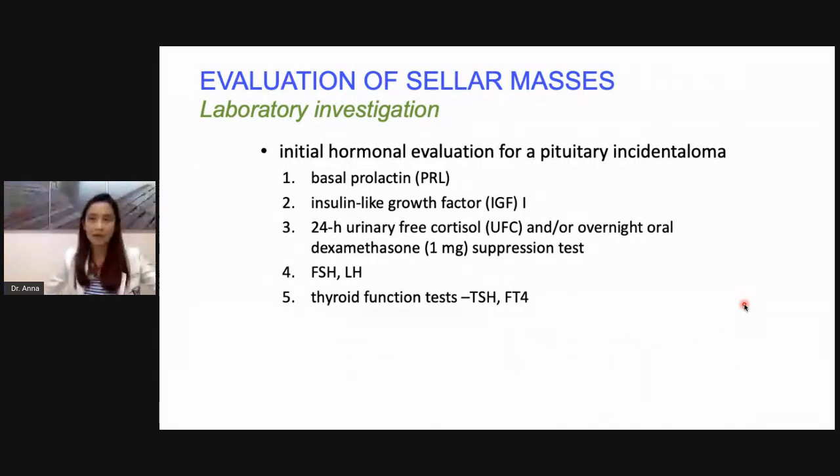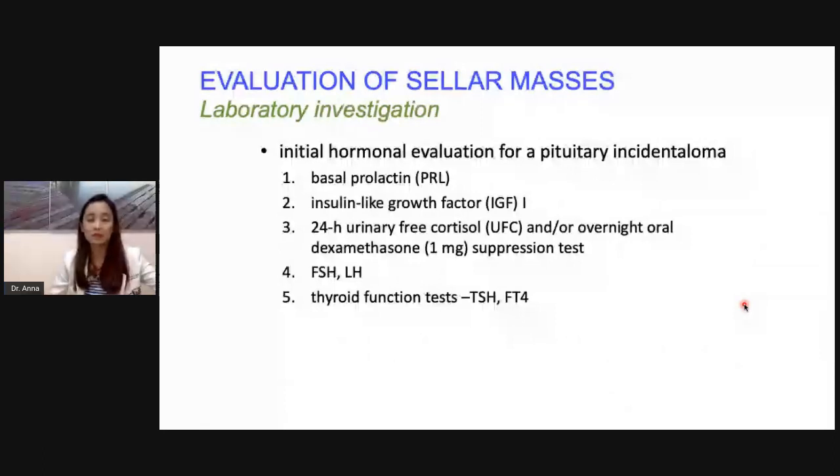So for example, a patient has a vehicular crash, and during the workup for the vehicular crash, he undergoes a cranial CT scan. In the cranial CT scan, it is discovered that the patient actually has a pituitary mass. That's called a pituitary incidentaloma because it was just incidentally or accidentally discovered on imaging.